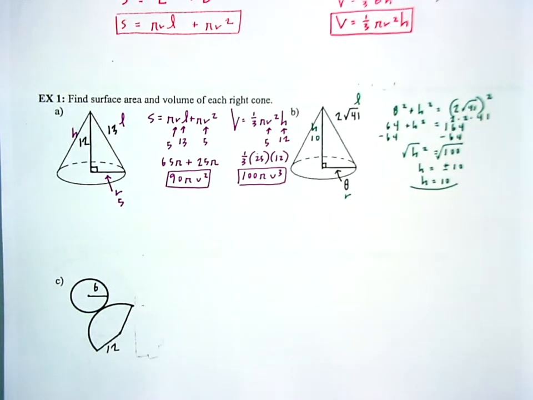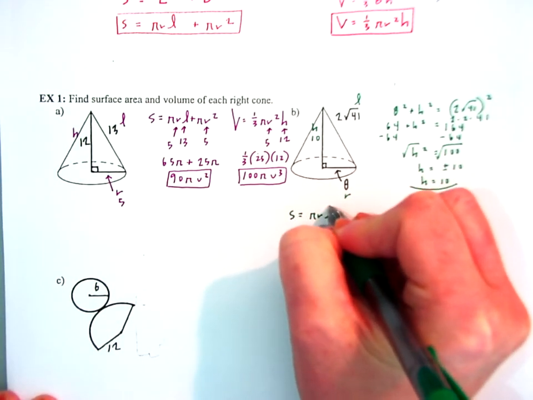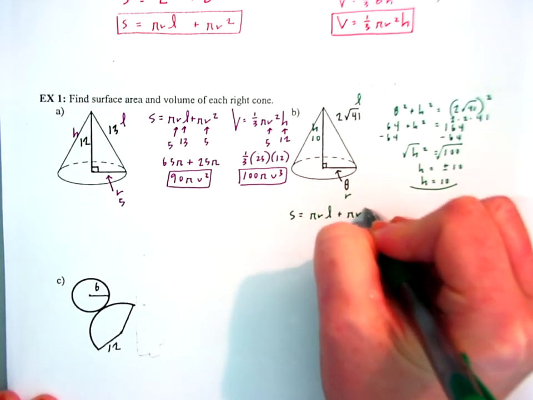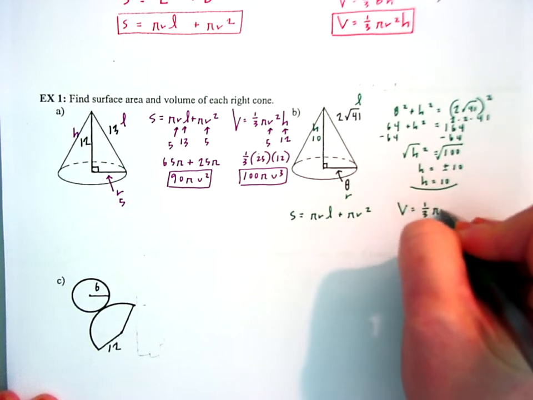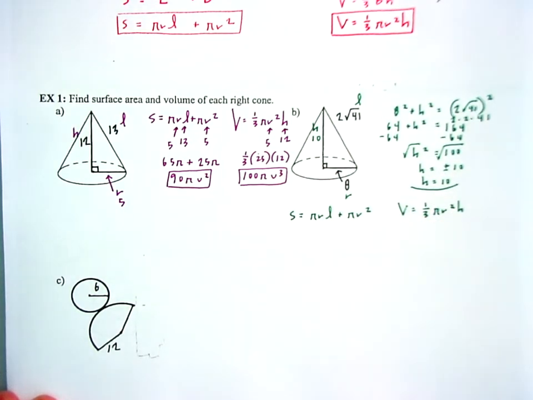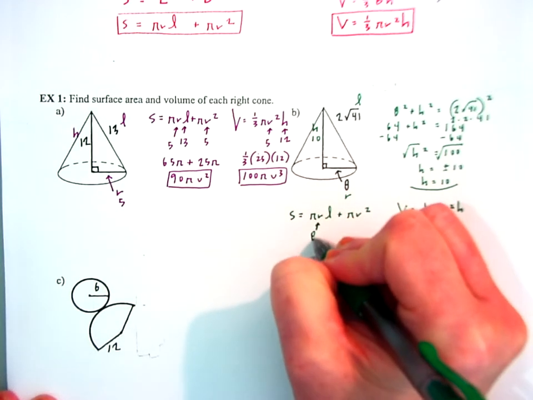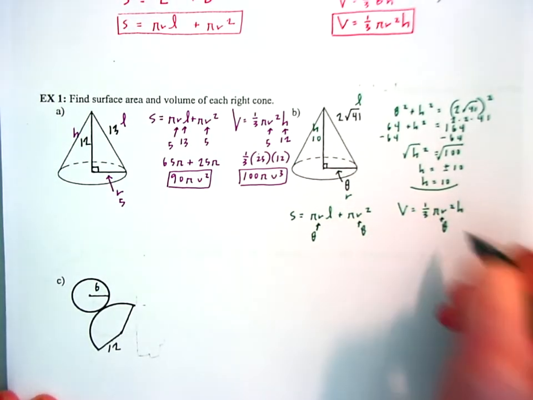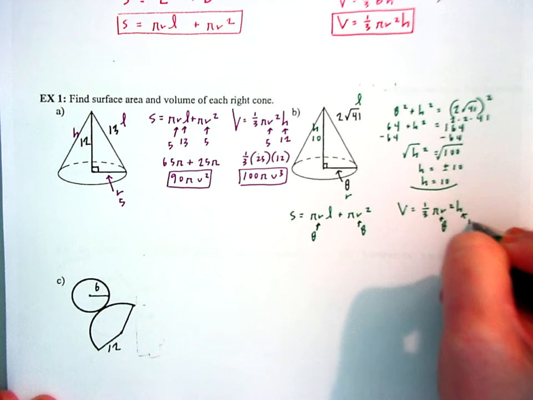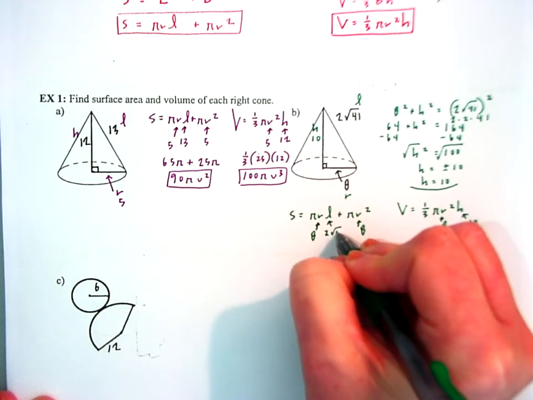So now I have everything that I need to be able to solve. So surface area, let me lay that out. Pi r slant height plus pi r squared, and volume 1/3 pi r squared times the height. Here I can plug in my radius first, that's 8. My height is 10. My slant height is 2 root 41.